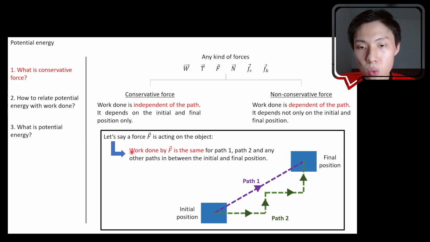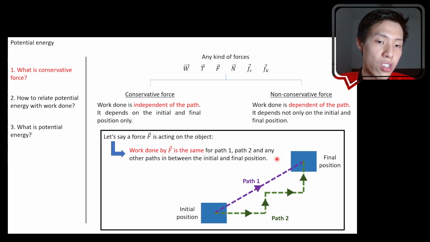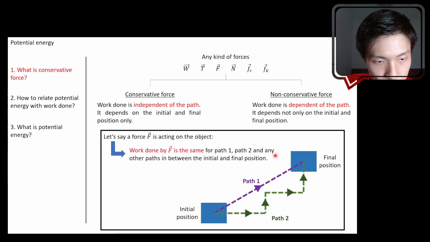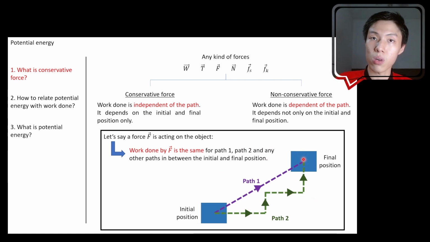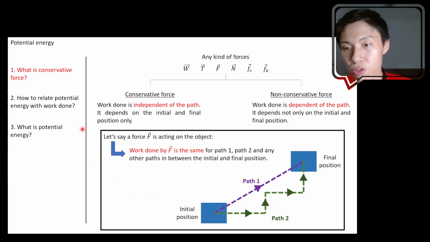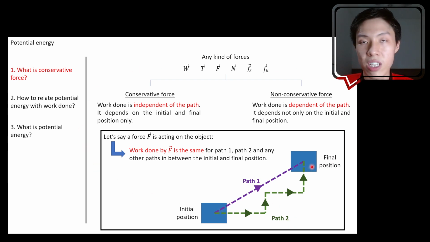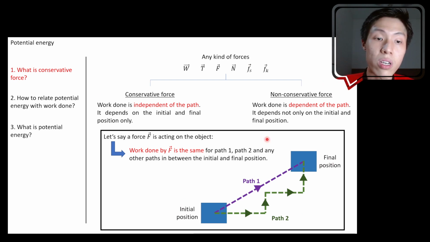Let's say the work done by F is the same for path 1, path 2, and any other path in between the initial and final position. Let's say you create a path 3 that moves like this from the initial to the final, then you calculate work done, and it's the same as path 1 and path 2. Let's say you try another path 4 in which you draw a big circle to the final position, and you find out that the work done is still the same as paths 1, 2, and 3.